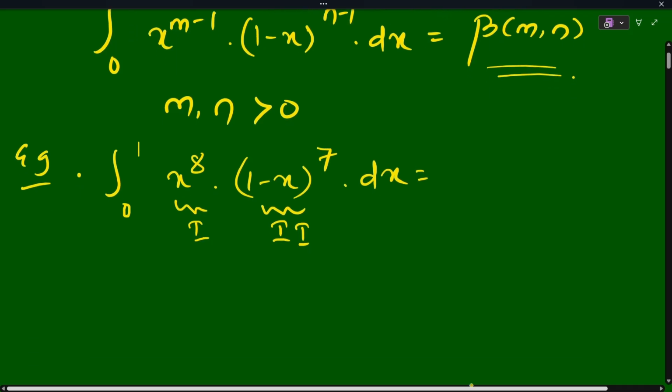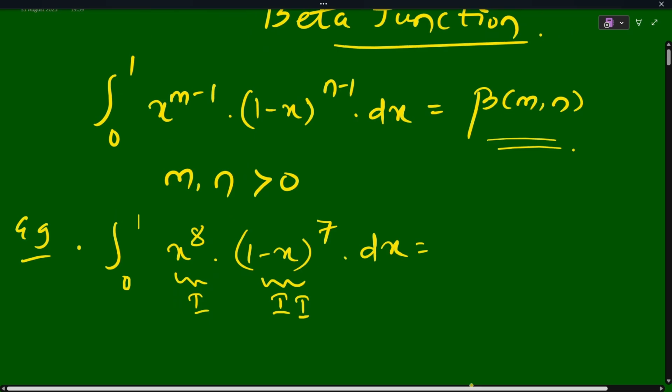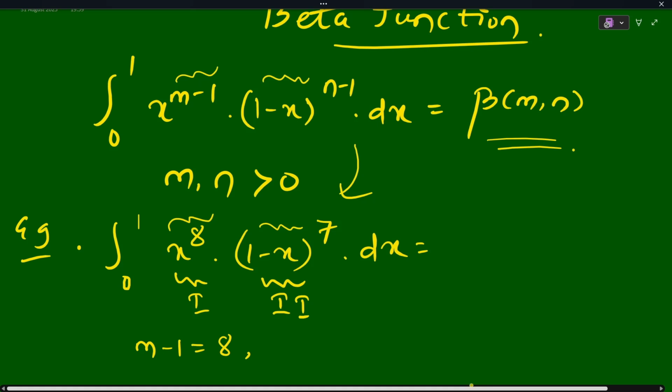Now compare these two equations. At the first place, here the value is x to the power 8 and here it is x to the power m minus 1. If you compare, this m minus 1 value is 8. Next term: here it is 1 minus x to the power 7, and here it is 1 minus x to the power n minus 1. So from here I can tell that n minus 1 is 7.